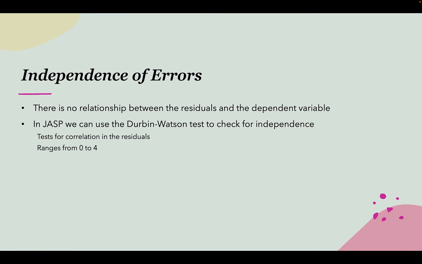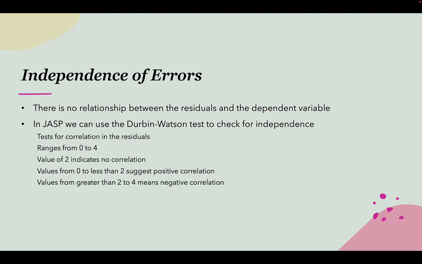The statistic ranges from 0 to 4, where a value of 2 indicates no correlation. Values from 0 to less than 2 suggest positive correlation, and values from greater than 2 to 4 suggest negative correlation. So what's going to be a value that says we can move forward and assume independence of errors? The answer is we're typically going to assume independence of errors when we see a value between 1 and 3.